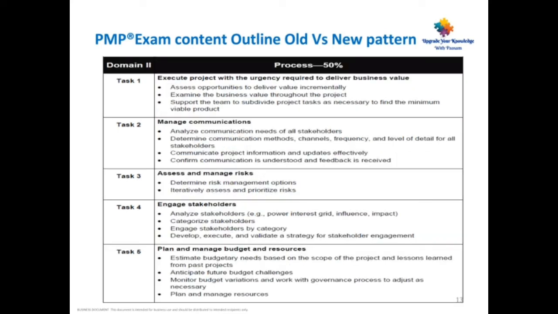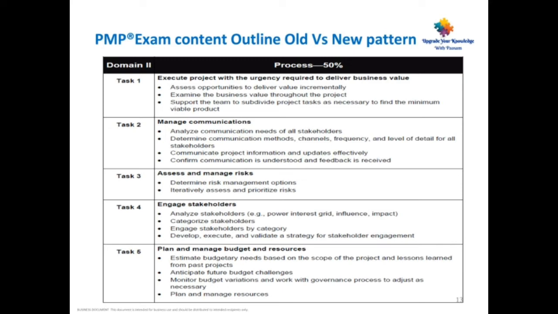Coming to the next slide, domain 2 of the new exam content outline, that is process, which has 50% weightage in the examination. Task 1 is execute project with the urgency required to deliver business value: assess opportunities to deliver value incrementally, examine the business value throughout the project, support the team to subdivide project tasks as necessary to find the minimum viable product.